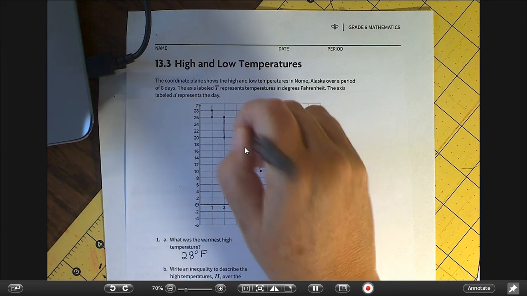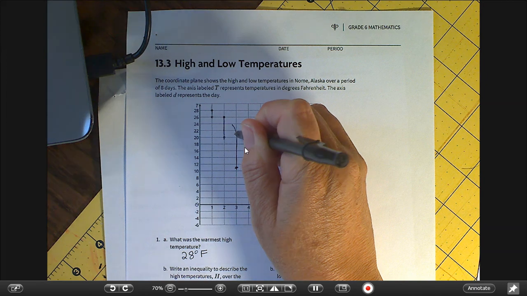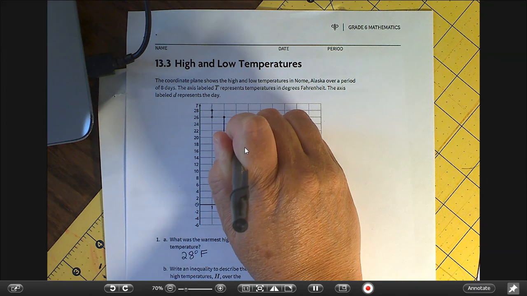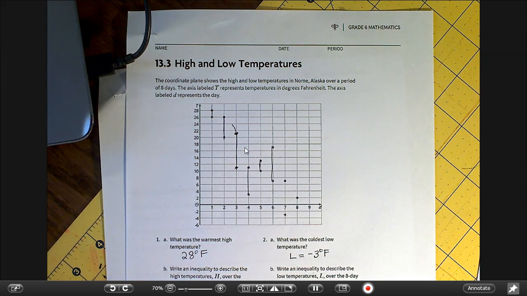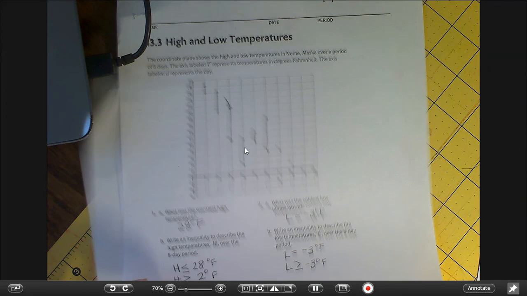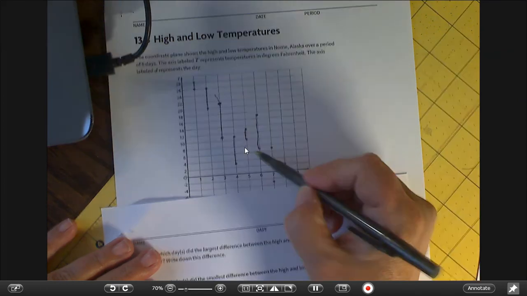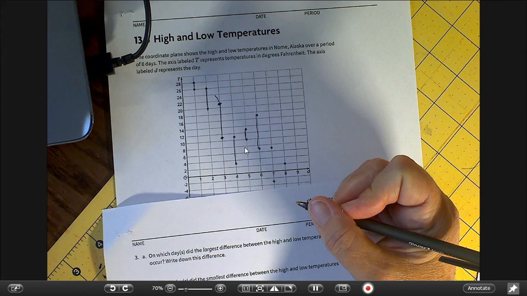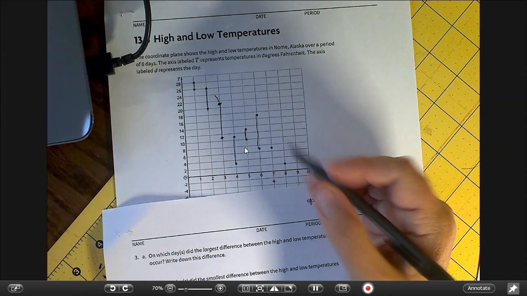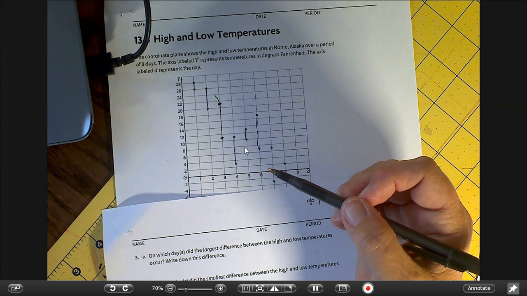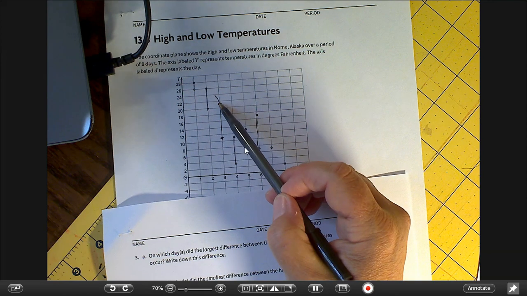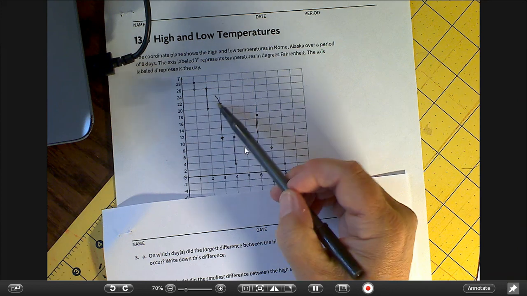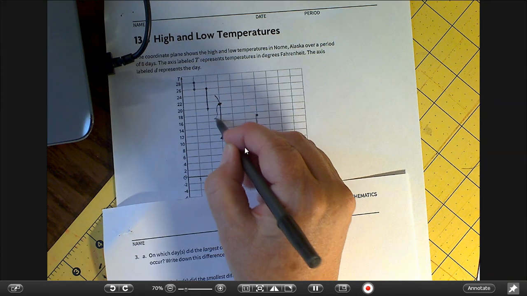So here the highest was 21, and the lowest here was 7. Okay, so that's 14 degrees between this one.